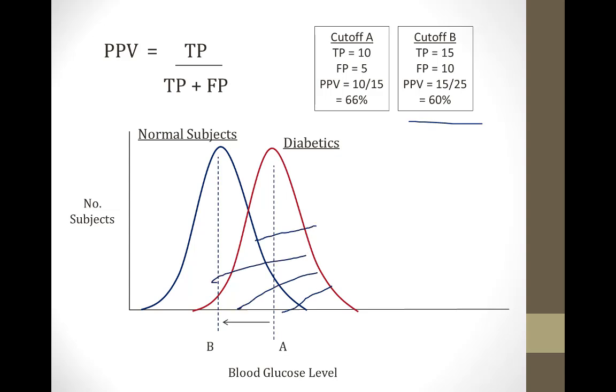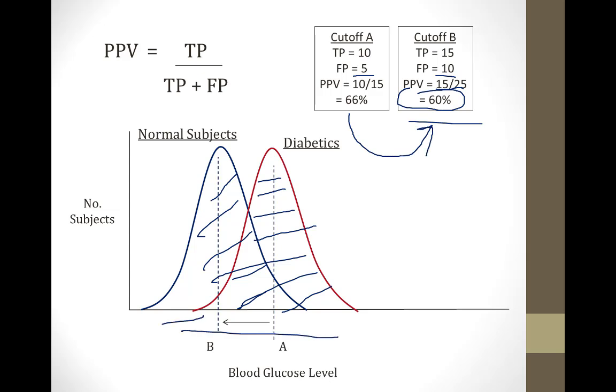They were 10 before, but now they've gone up to 15. All these diabetics here are classified as true positives, but we've also increased our false positives from 5 over here to 10 over here, because now all these normal subjects are above the cutoff point and they're classified as false positives. If we do that math, the positive predictive value is 15 over 25, and that works out to 60%. So you can see that we have lowered the positive predictive value by moving the cutoff this way on the curve.